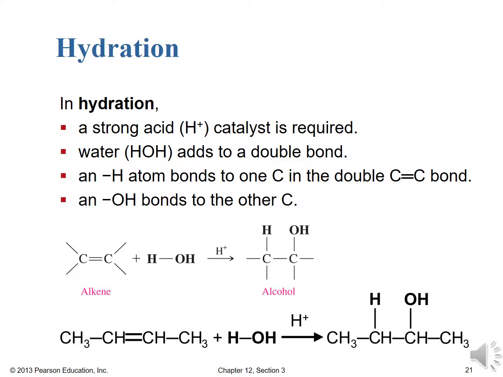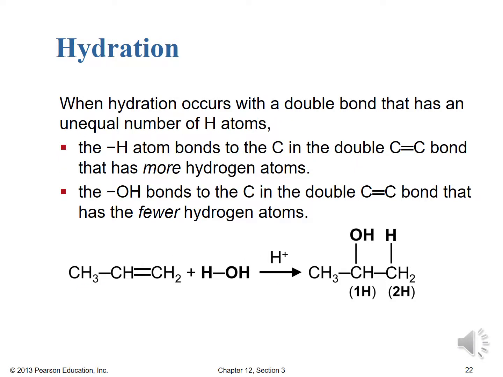There's that darn 2-butene, whether it's cis or trans, we don't really know from that condensed structural formula, but after we add the HOH to it in the presence of an acid catalyst, we end up with an alcohol here, which would be 2-butanol. So we may not know whether we started with cis or trans 2-butene, but we don't really need to know that because either way we end up with the 2-butanol product.